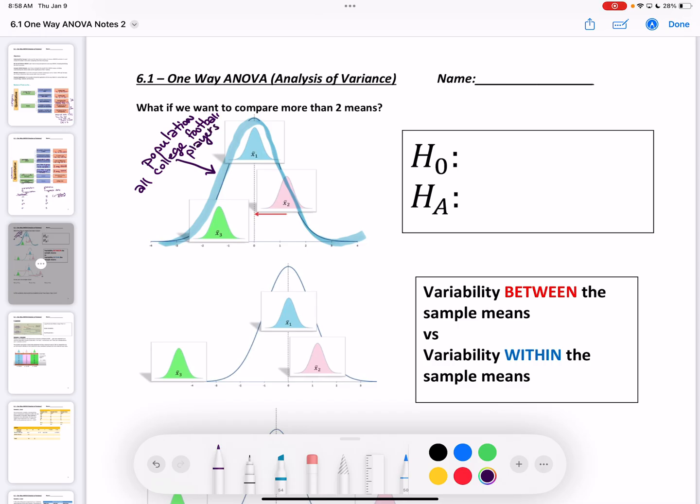Maybe it's their heights or weights or something, okay? So if I find this value right here in the middle, what is that? That's the population what? Say it again. Mean. Good job. This is mu. This is my population mean, okay? So if I'm looking at all college football player heights, this is going to be that average height, okay?